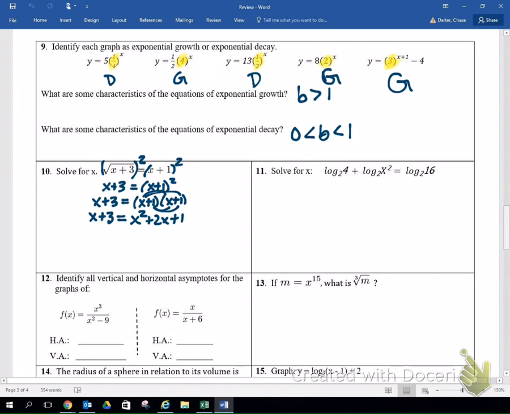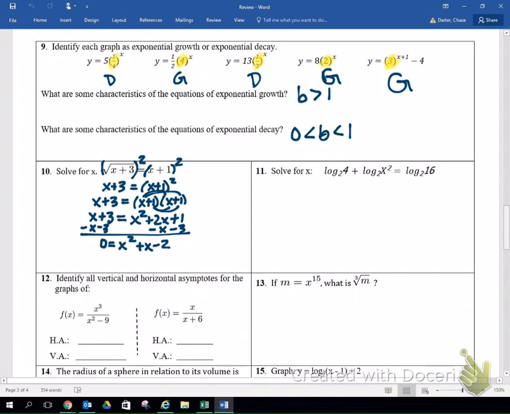Anytime we see an x squared, we need to be thinking one side needs to be 0, and then we can either factor or use the quadratic formula. Again, since this is a multiple choice test, I suppose you could graph this in your calculator to figure out the solutions. But here I'm going to factor.